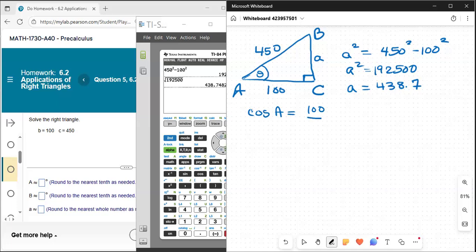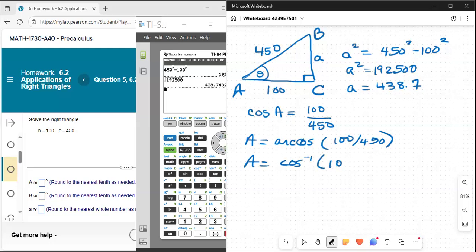So it's 100 divided by 450. So A is the arc cosine of 100 over 450.